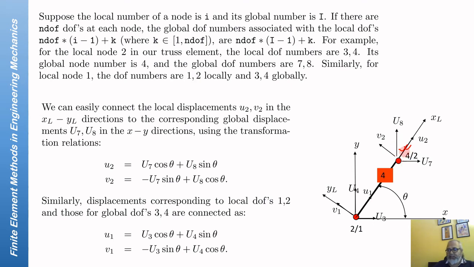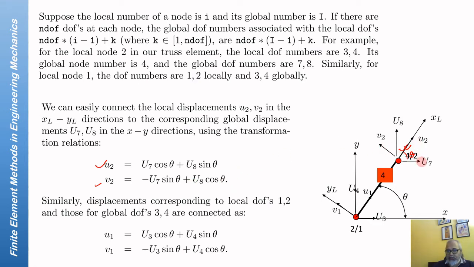So now this angle is theta. So we have U2 is equal to U7 cos theta plus U8 sin theta. And we have V2 as minus U7 sin theta plus U8 cos theta. So that just follows, I think.